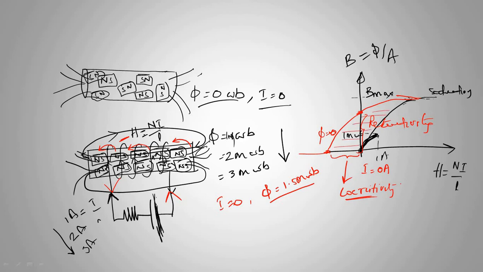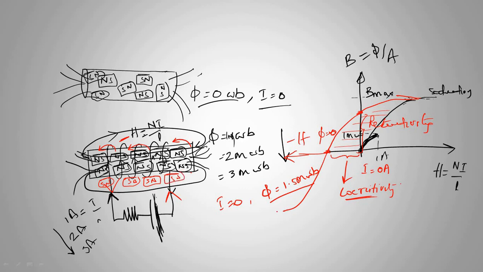The negative half is also existing like this. So if you keep on increasing the magnetomotive force in the negative direction, now all the dipoles orient in the opposite direction, like south and north, south and north. Now the flux will establish in the opposite direction.